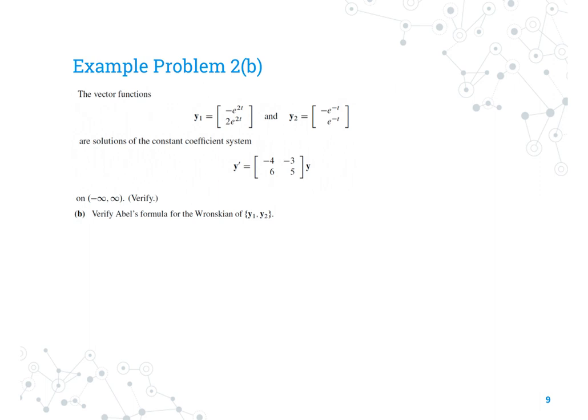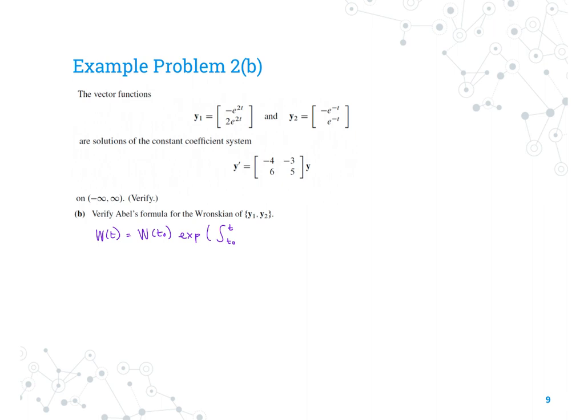If we want to verify Abel's formula for the Wronskian, what that means is we've got W(t) equaling W(t0) times e to the integral from t0 to t of, and if you look back at what Abel's formula tells us, inside we're adding up all of the functions on the diagonal: a11 plus a22 plus a33 all the way out to ann.